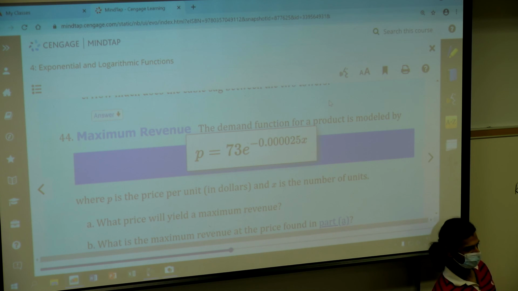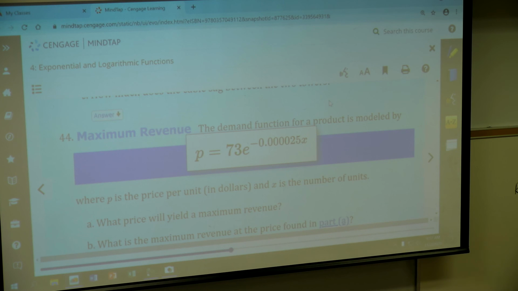Yes. So I know the revenue is maximized at that value, right? So if the revenue is maximized at that value of x, the same value of x when plugged in is going to give me the price that I need to set. Does that make sense?